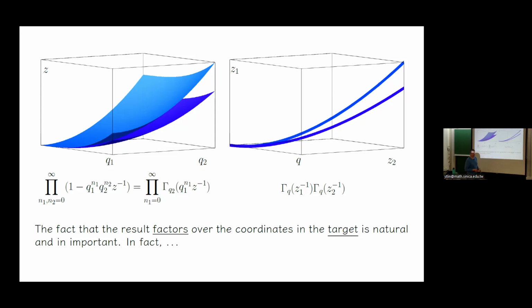And the basic feature here is that if I'm studying maps from, let's call it, the formal disk, which means I study formal power series, so if I'm studying maps to two-dimensional space, it will just factor over the coordinates.